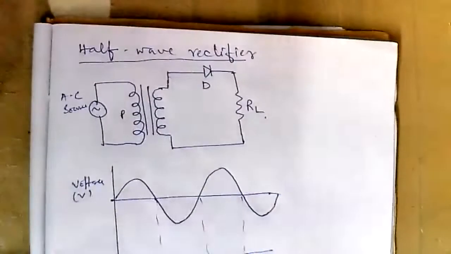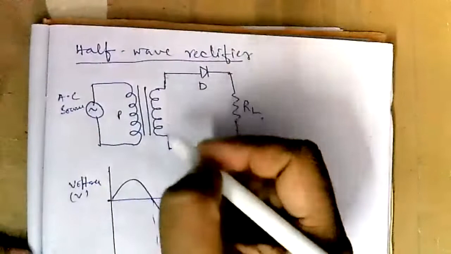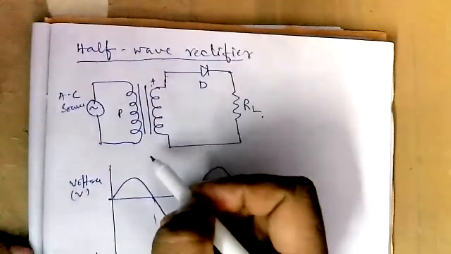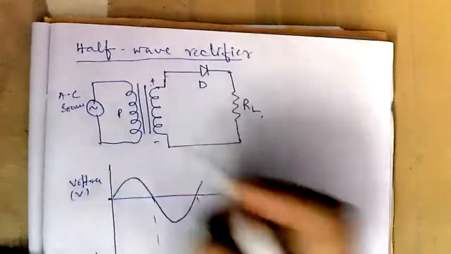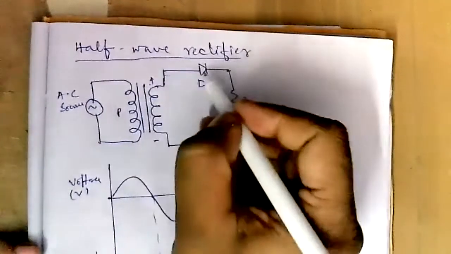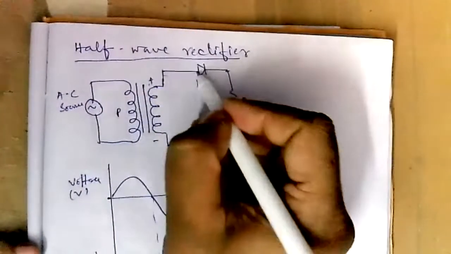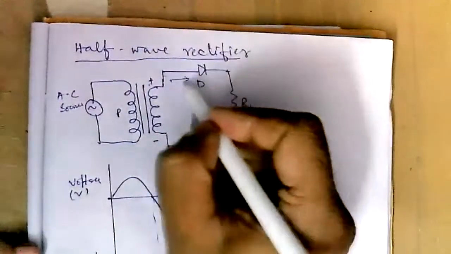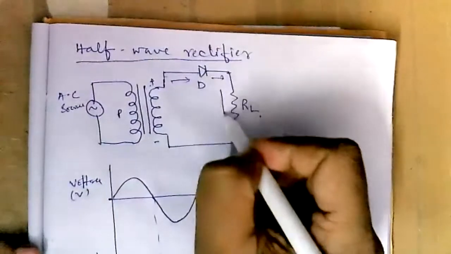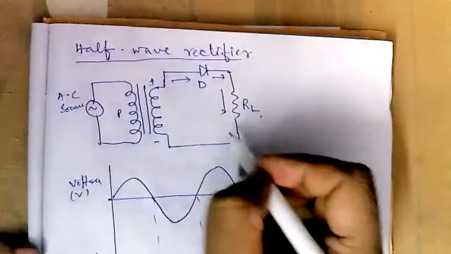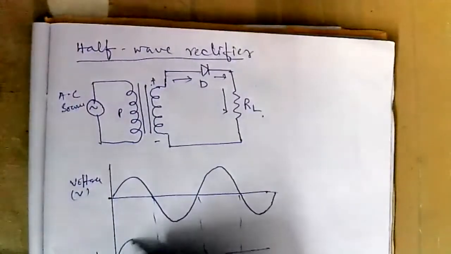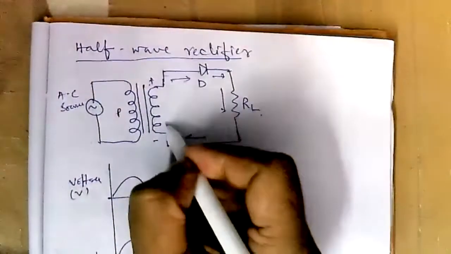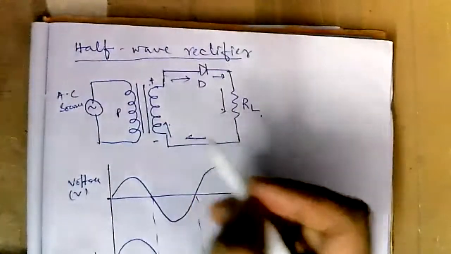Now, what is happening during the first half cycle? This terminal, upper terminal of the transformer, say positive, and the lower terminal is negative. So the diode is connected to the positive terminal. P end of the diode is connected to the positive terminal. So current will flow, and it will flow through the load resistance. So there will be a voltage drop.